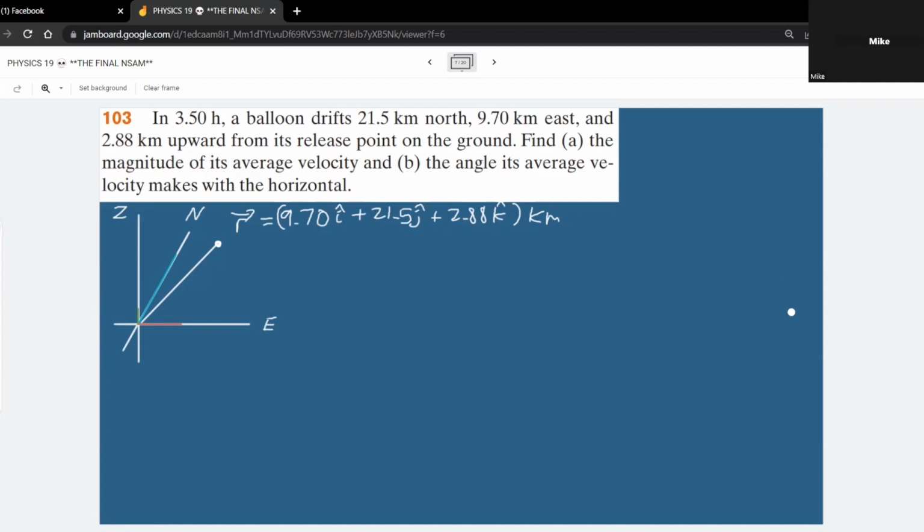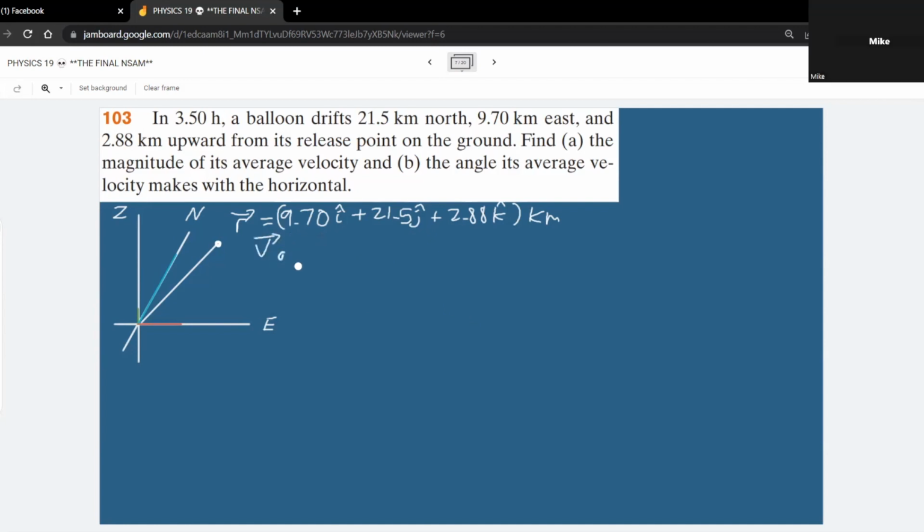So V average is... okay. I think we need to get the magnitude muna. So, square root of all and then hindi magnitude, velocity. So let's get the velocity first and then get the magnitudes.